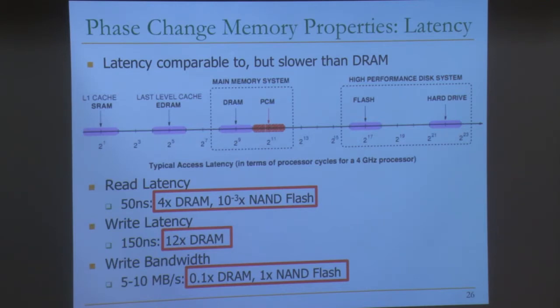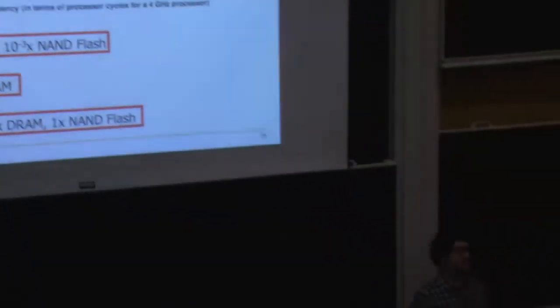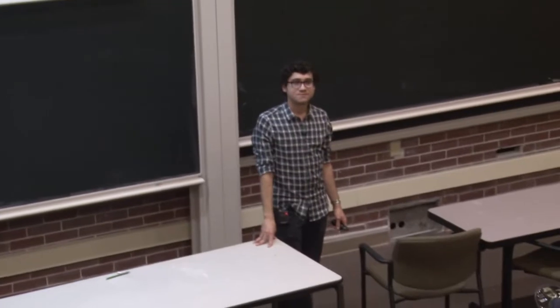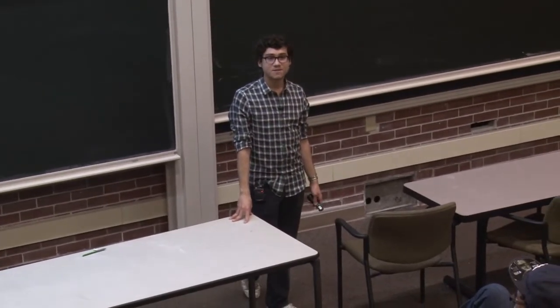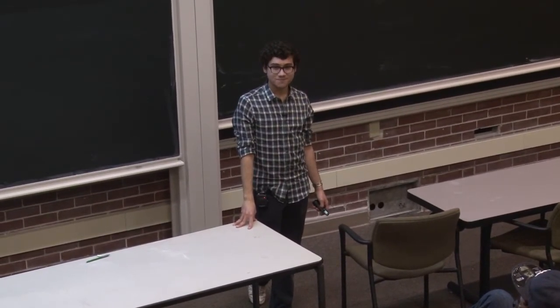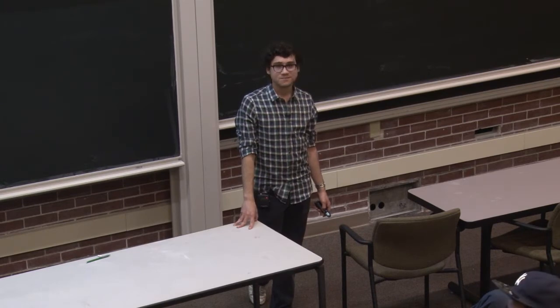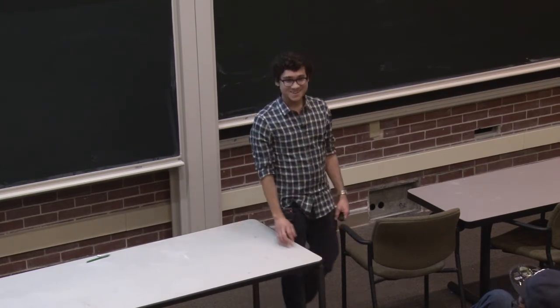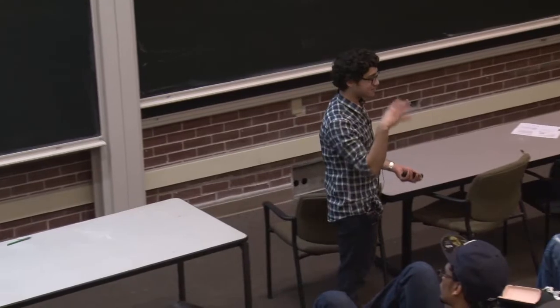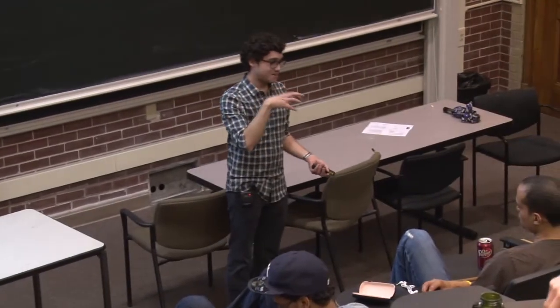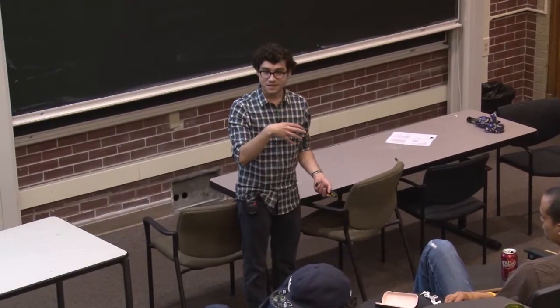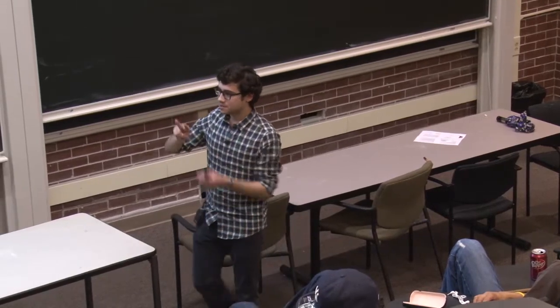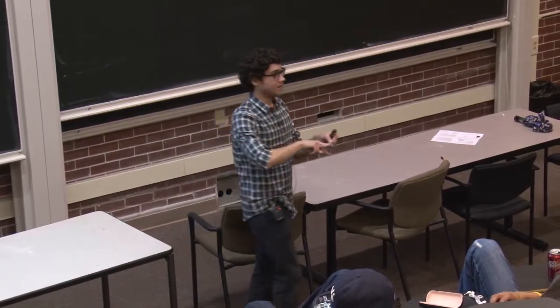Question: why is write latency so much longer than read latency in non-volatile memory compared to DRAM? You have to melt the thing, right? In some cases, you actually have to apply enough current to melt the device. We talked about the set and reset operations.